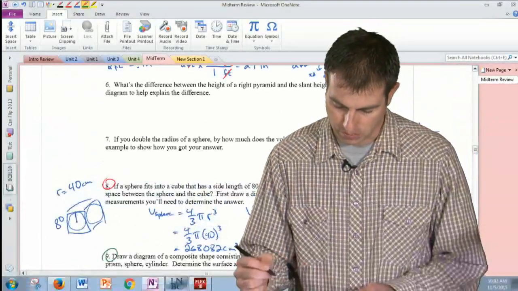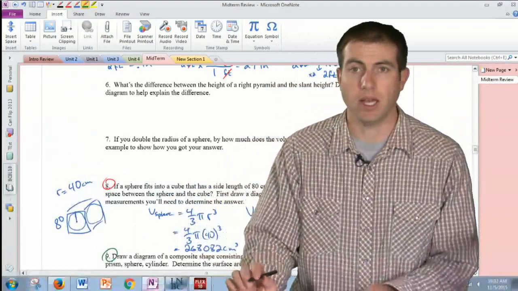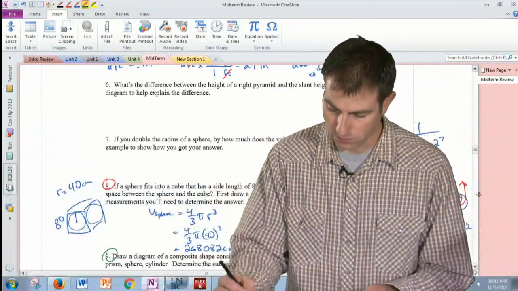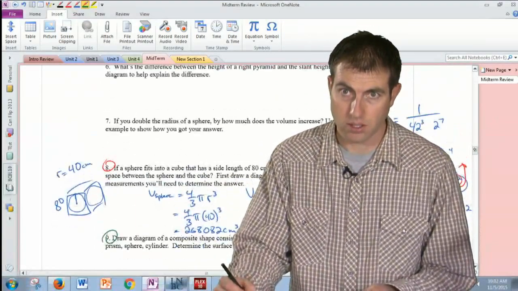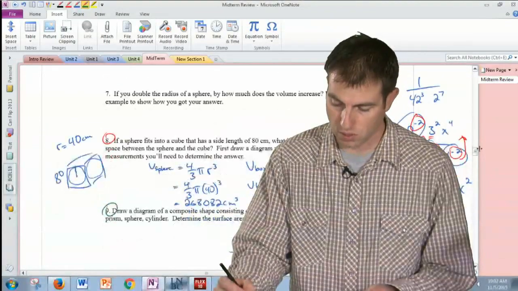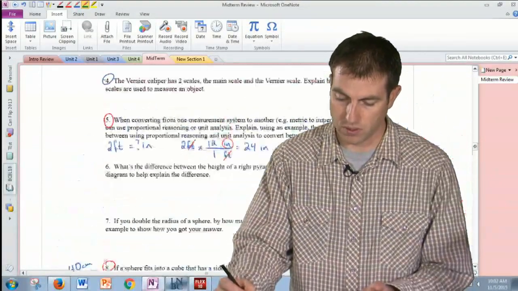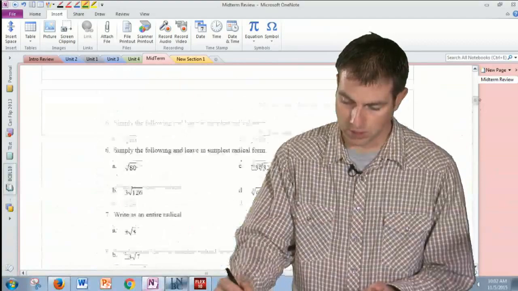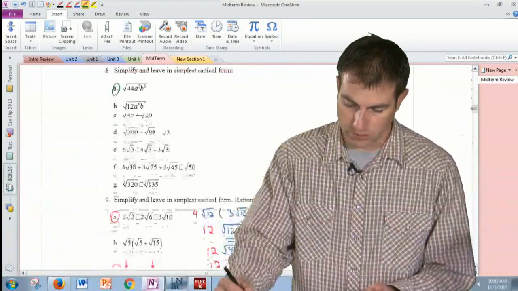Draw a diagram of composite shape. Okay. And then Unit 4, page 8, question 4E. So Ava, I'll grab that Unit 4 stuff here in a second. I'll go through this unit review stuff first.